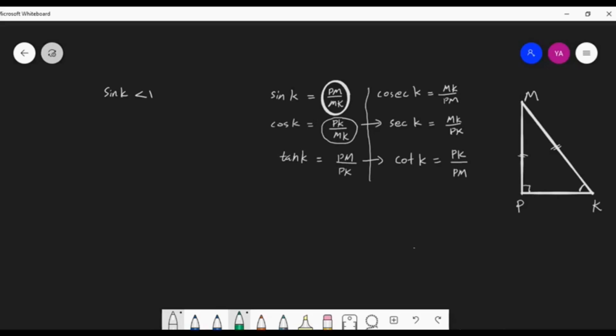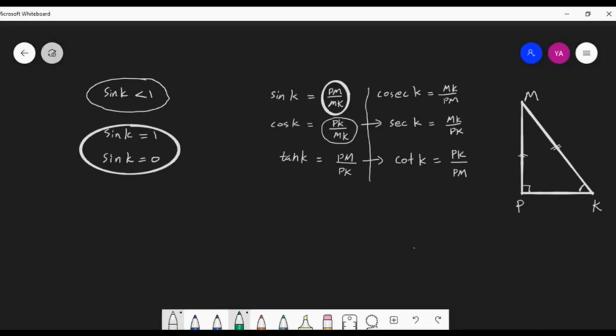Okay, there are some special cases. In some special cases sine K will become 1, and in some other special case sine K will become 0. These two special cases we will discuss in detail later, not in today's lesson, but today keep this in your mind: the sine of an acute angle will always be less than 1. Right now the sine is defined for acute angles.